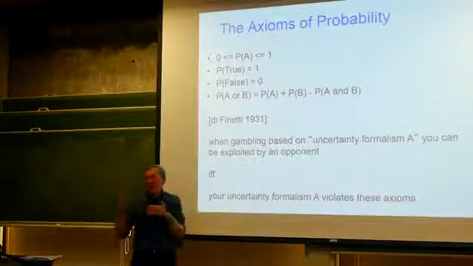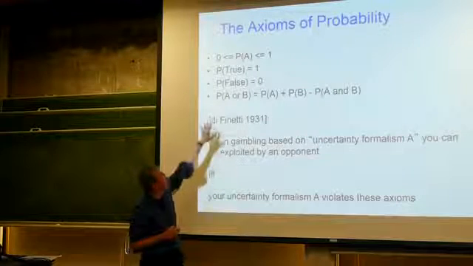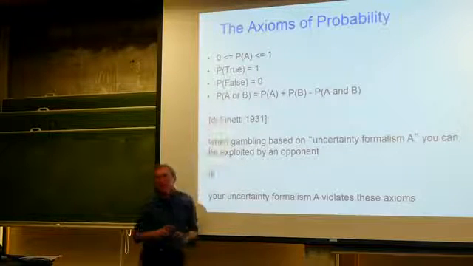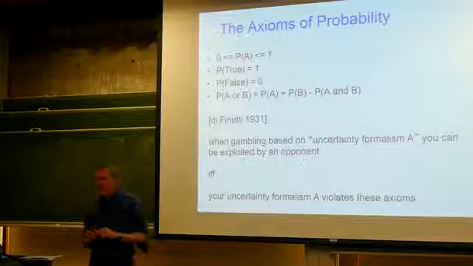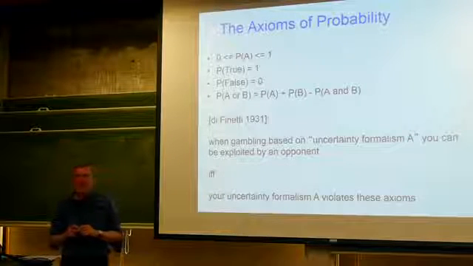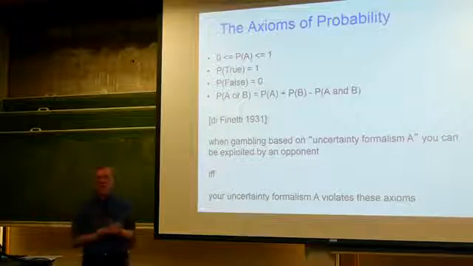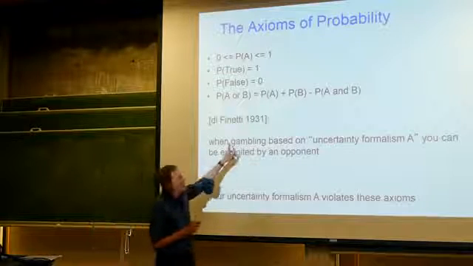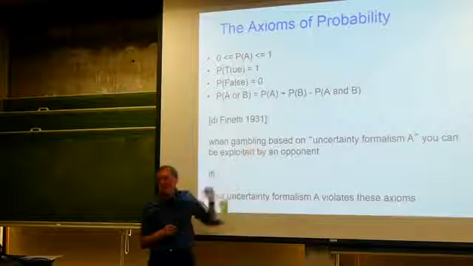So you never want to gamble using a probabilistic system that opposes these axioms, because your probabilistic system can be provably inferior to this.